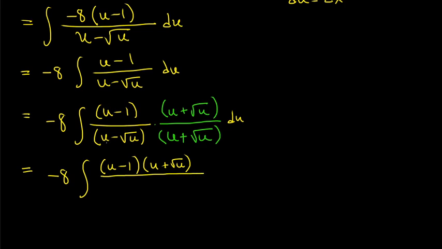Let's multiply that out. So we get u times u, that's just u squared. And then on the outside, we get u times the square root of u, or u to the 3/2, if you like. And on the inside, I get u times negative square root of u. And you can see that these are just going to add up to 0.